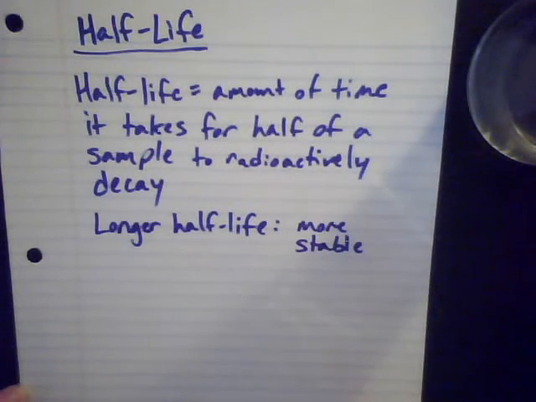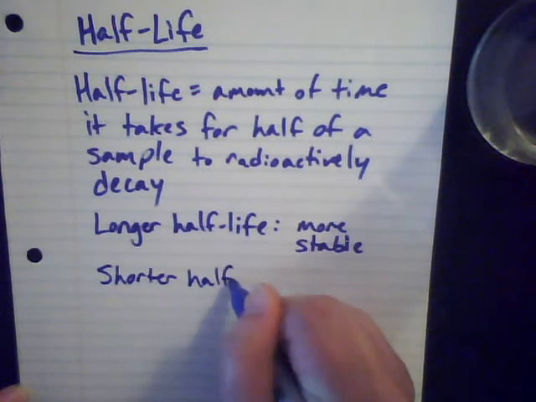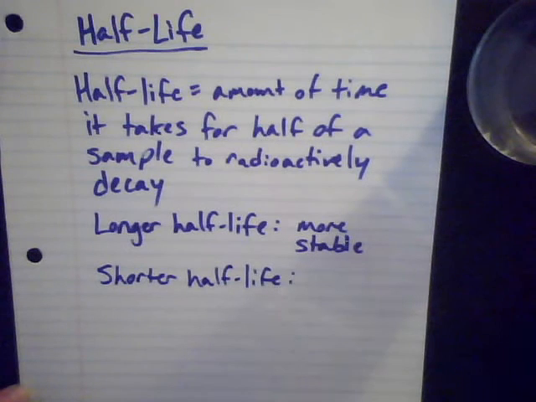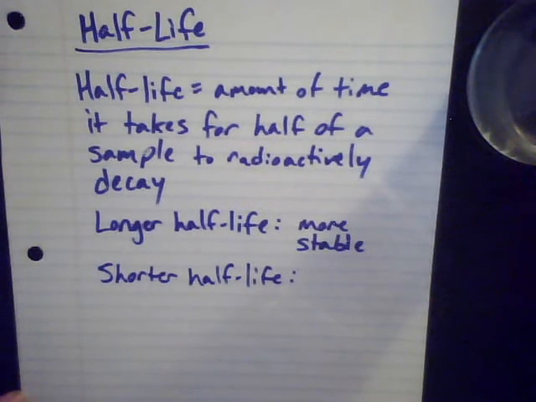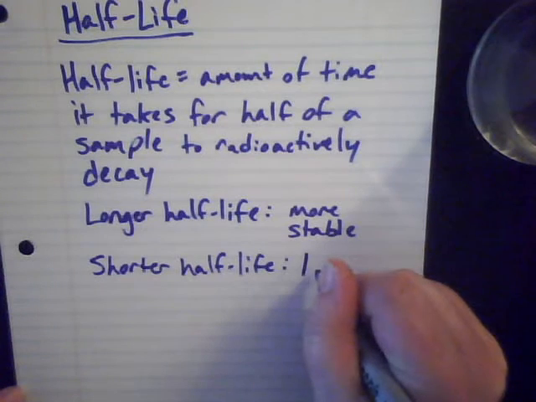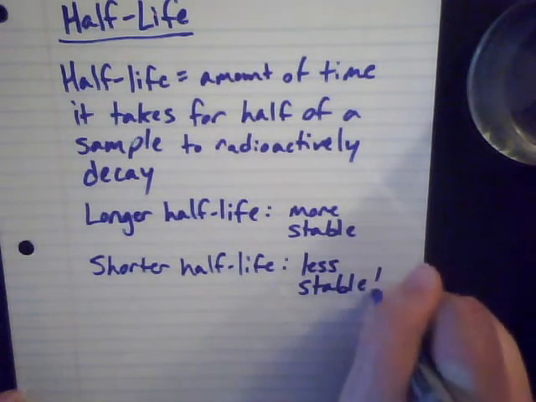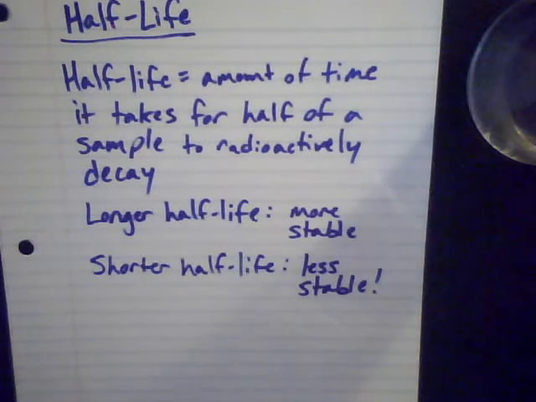And the shorter the half-life, then the less stable it is, because it's really trying to get rid of as many particles as it possibly can in order to get to a more stable configuration. So the shorter the half-life, the less stable the element, or the isotope, okay?